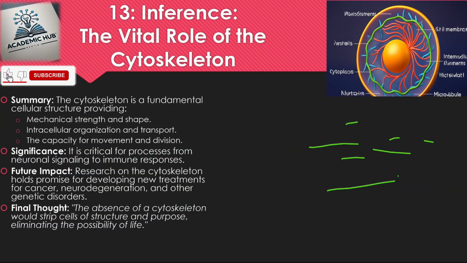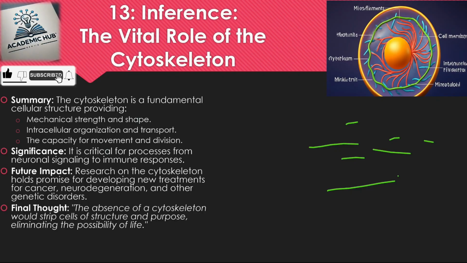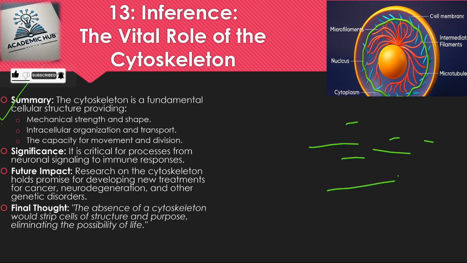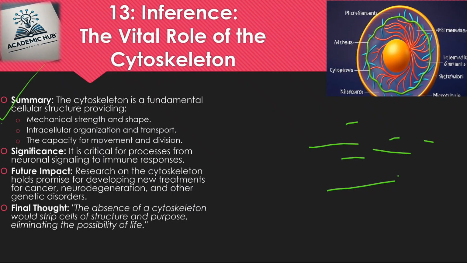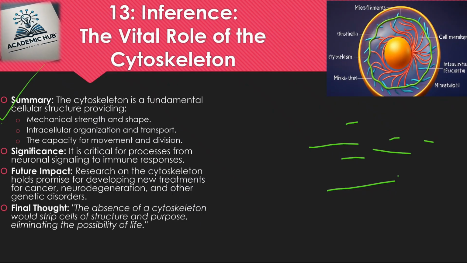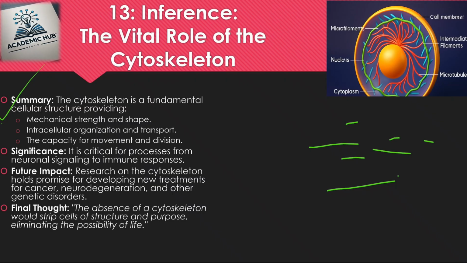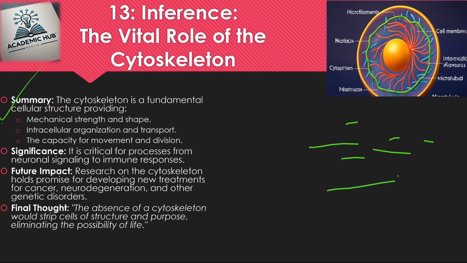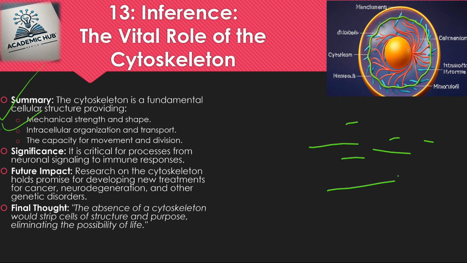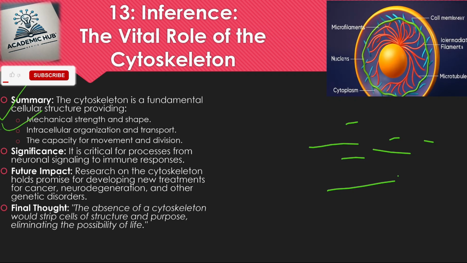Next is the inference of this lecture. In summary, we can say the cytoskeleton plays a vital role as a fundamental cellular structure. The cytoskeleton is one of the most essential structures in eukaryotic cells, providing mechanical strength and shape, intracellular organization and movement.